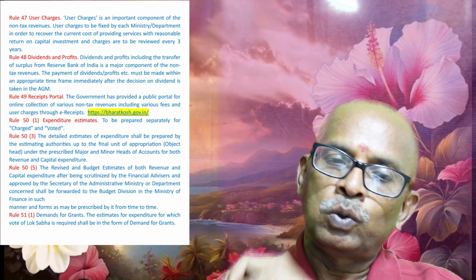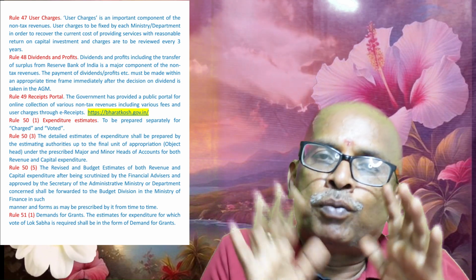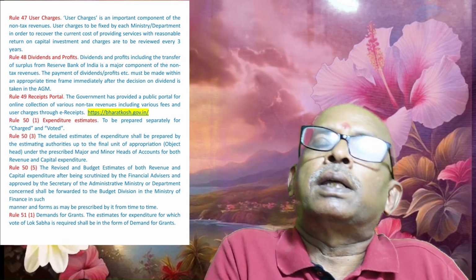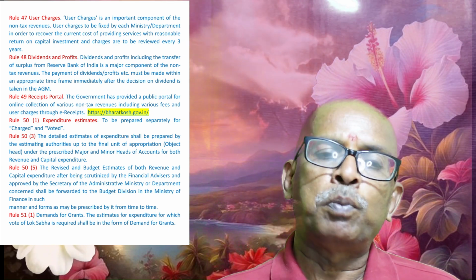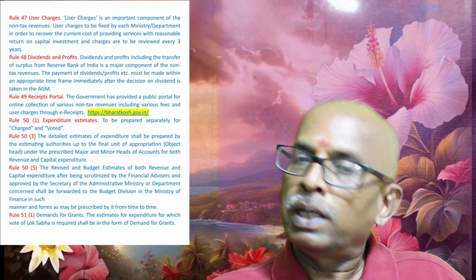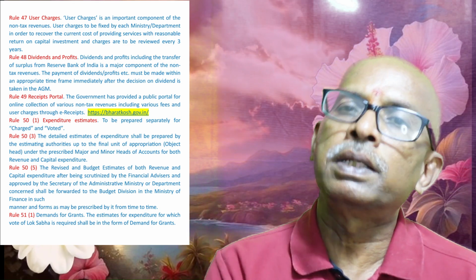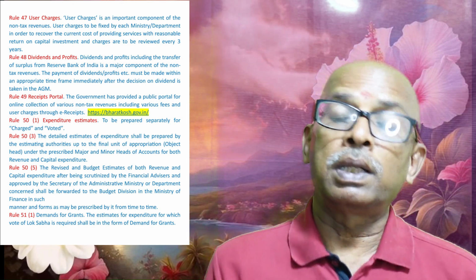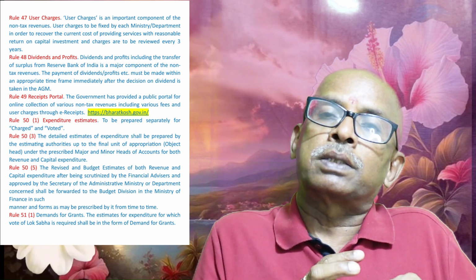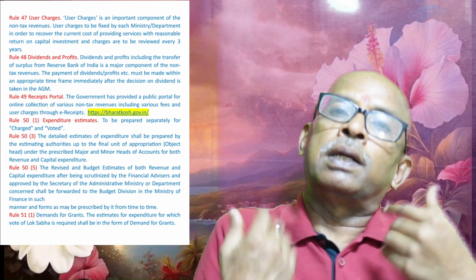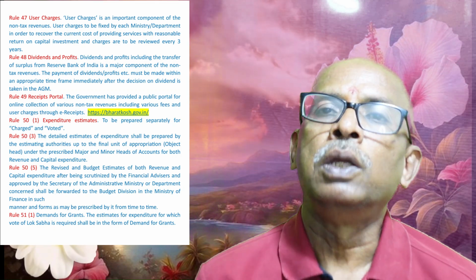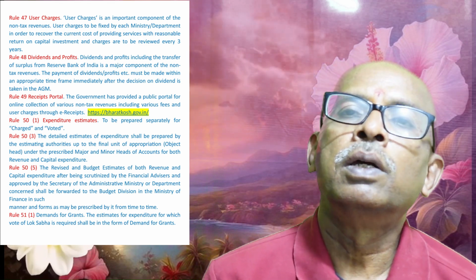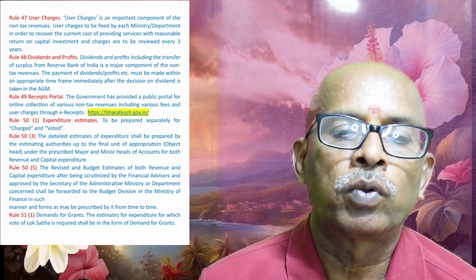Otherwise, you can directly pay to Bharat Kosh, and every department is listed there. Every head of account you can choose there. This is the greatest reform brought in the last 4-5 years by this government. It gives you one single window for any payment. You need not go and search. You can get the details a second time also. Whatever you paid, you can retrieve through your phone number and other things.